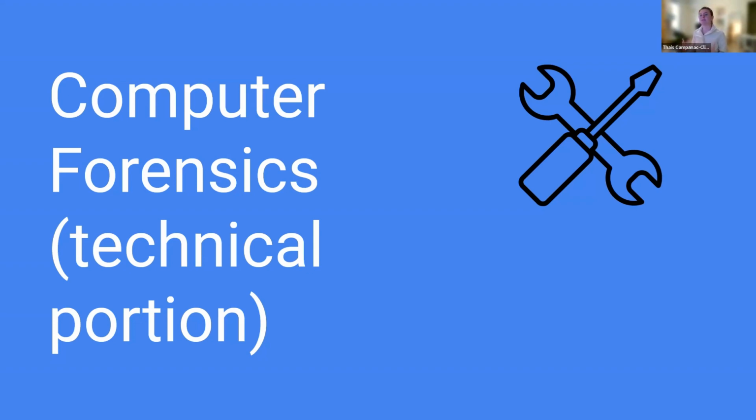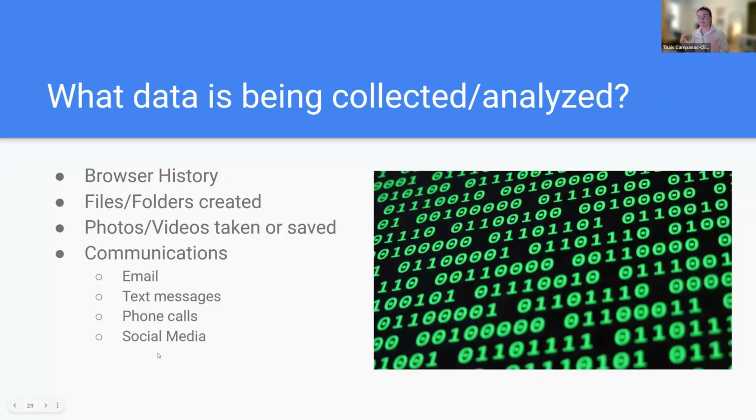This is us using our skills, our experience, and our tools in order to analyze our data and make evidence. I want to reiterate what I already mentioned in the first part about what data is: what data is being collected and what data is being analyzed. This is part of the list, and it's not comprehensive.